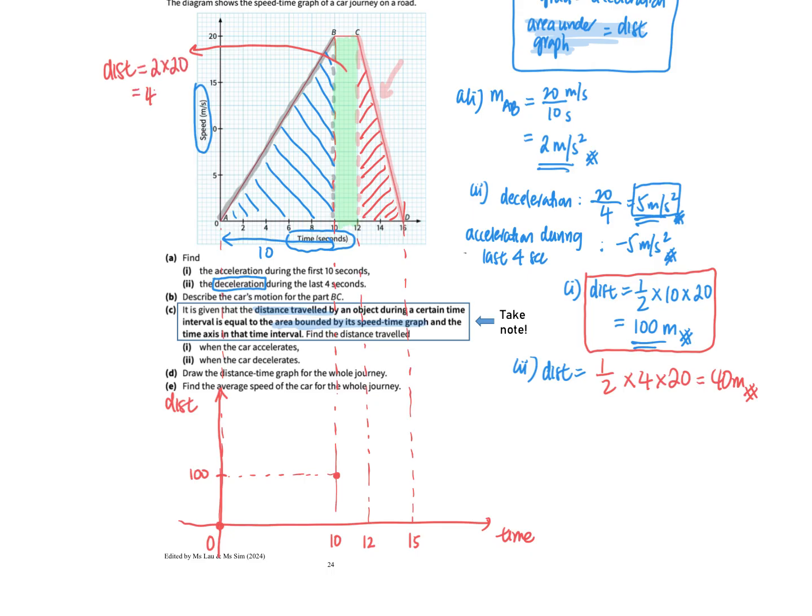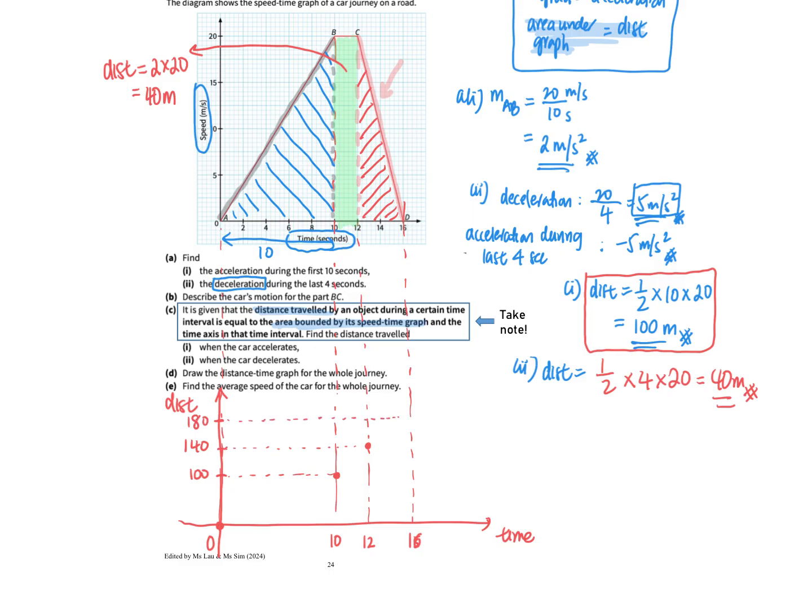So there's a 40 meters move here. From 10 to the 12 second, you move by 40 meters. So this is the 140 mark. So you know the end point goes here. And then lastly, for the last 4 seconds, you move another 40 meters. So you add another 40, so 180 is your end point.